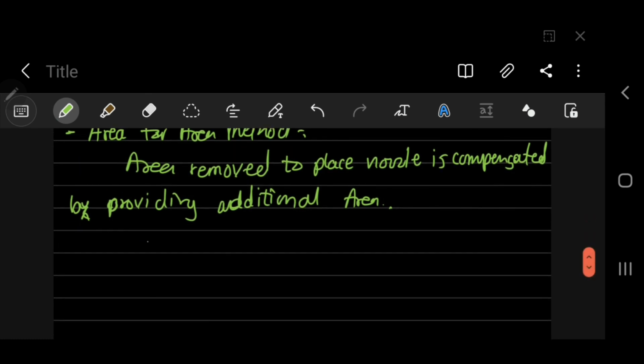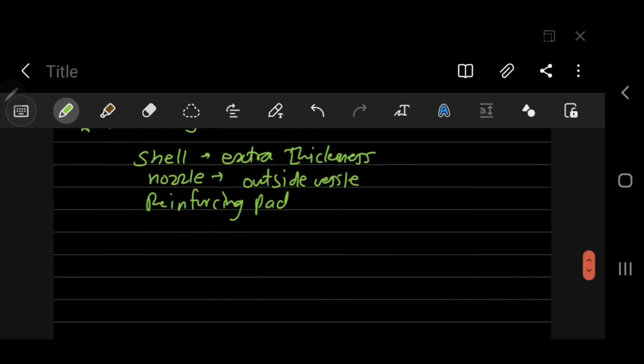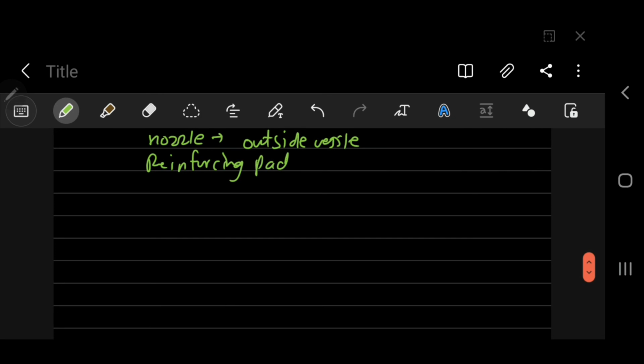For a shell, we can provide the area by using extra thickness. For a nozzle, we will provide extra area outside the vessel, or we can use the reinforcing pad. Okay. Now this much only we have to remember.